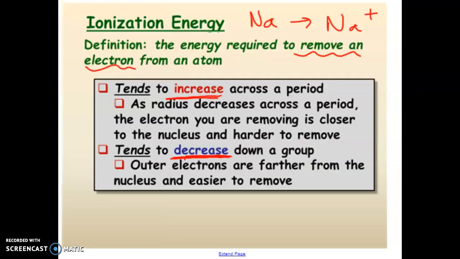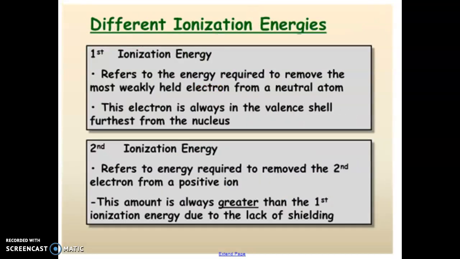So, let's talk about, well, what happens if we wanted to remove 2 electrons? When we say the second electron, it's a different amount of energy. So it's important to note every atom has a different amount of energy needed, and every electron that you want to remove has a different amount of energy. If I want to take away 1 electron from the atom, it's called the first ionization energy.